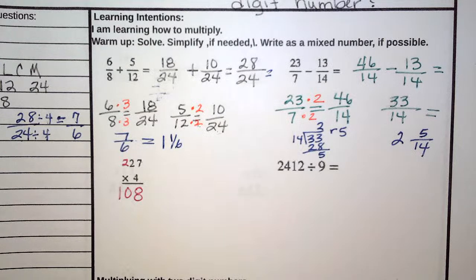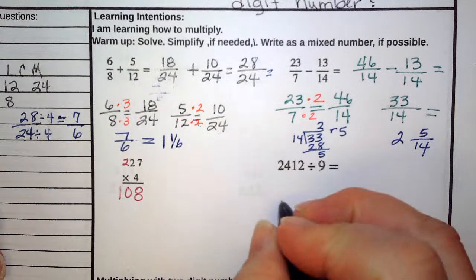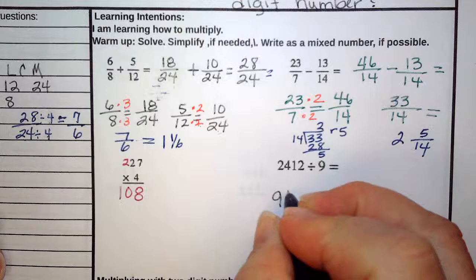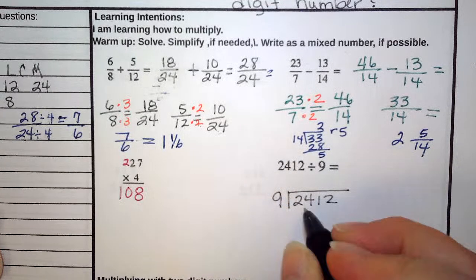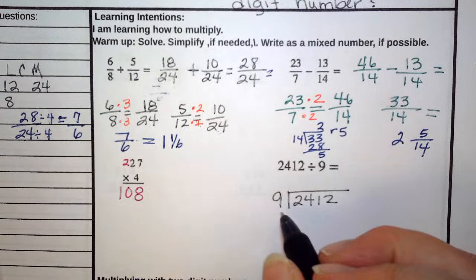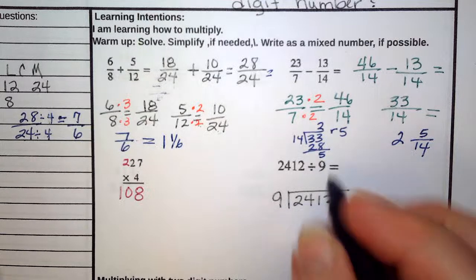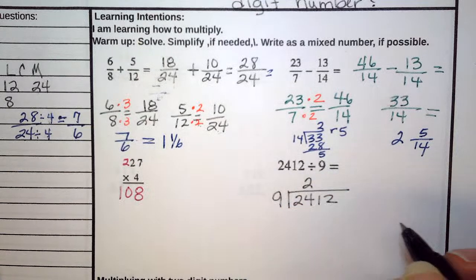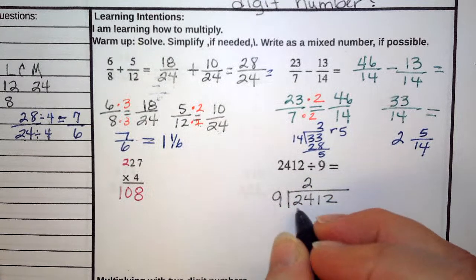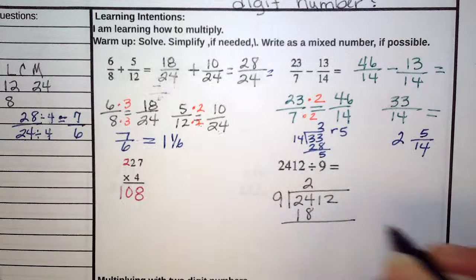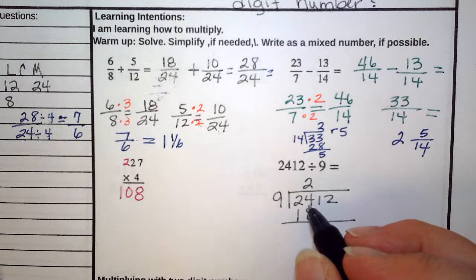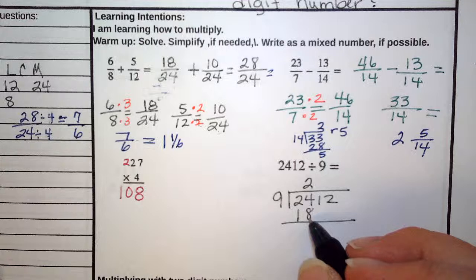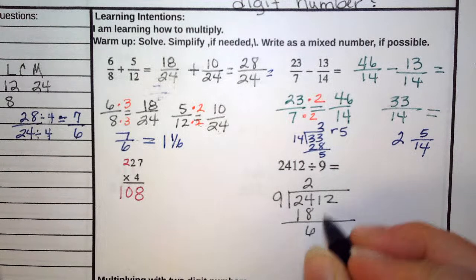We're going to do long division. See how many times 9 will divide into 2,412. 9 goes into 24 two times. 2 times 9 is 18. 24 minus 18, well, is the same as 14 minus 8, which is 6.